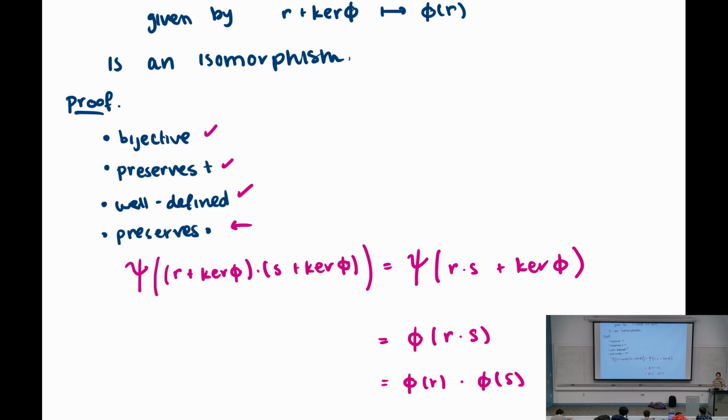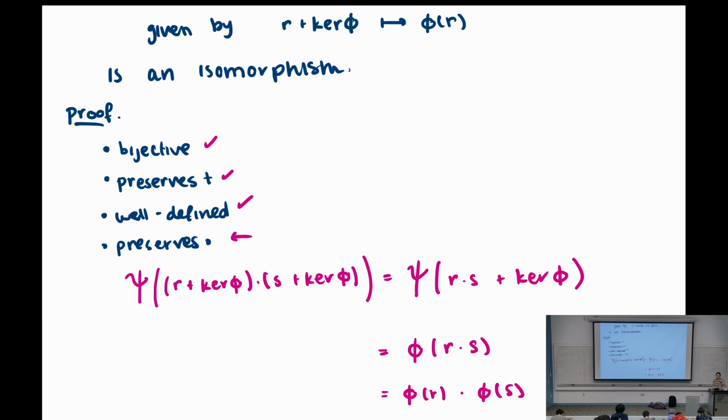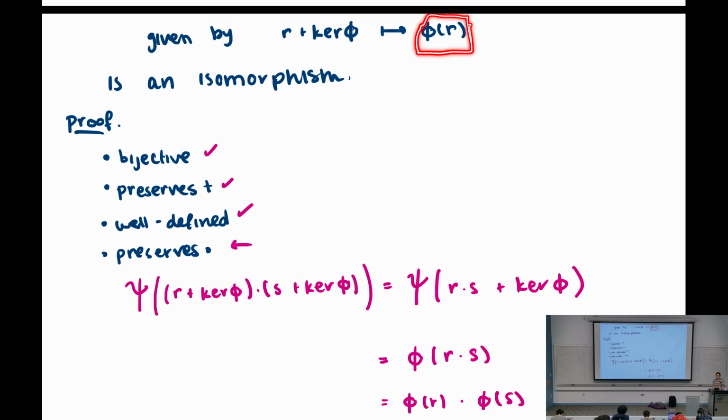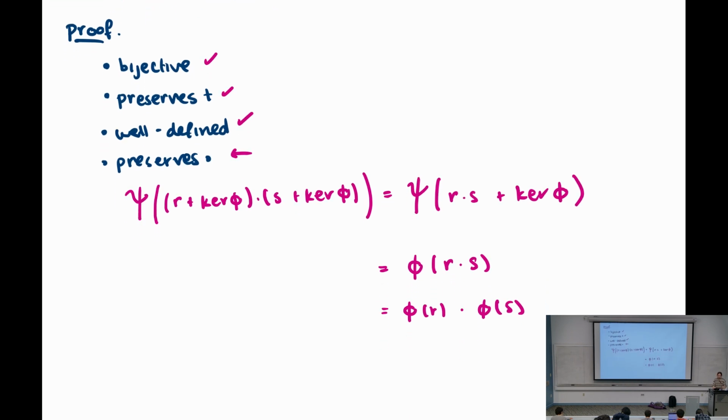And then now what I'm going to do is to just reverse this map. So I know that the thing that was sent to phi of R was R plus kernel phi. So this means that psi of R plus kernel phi is phi of R, and then over here we got psi of S plus kernel phi.